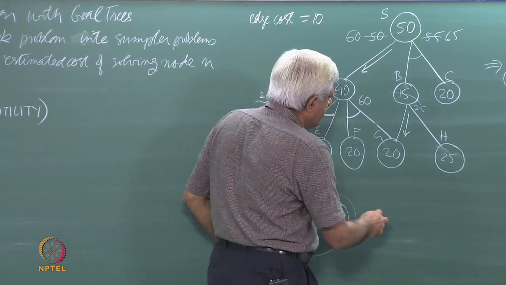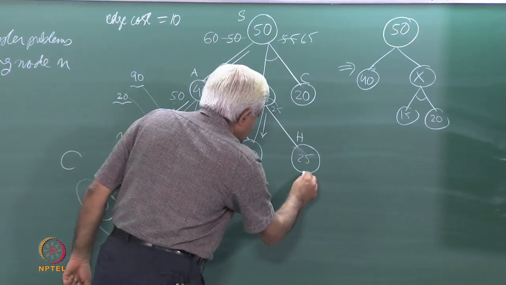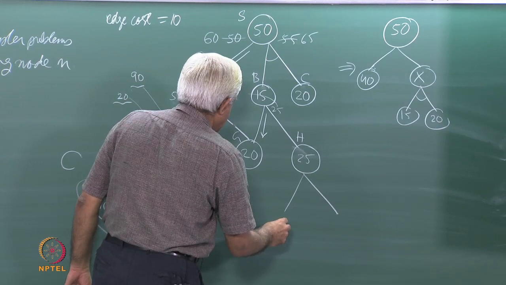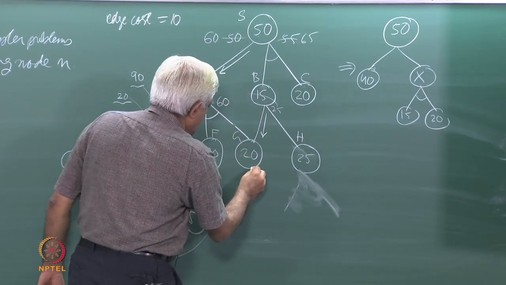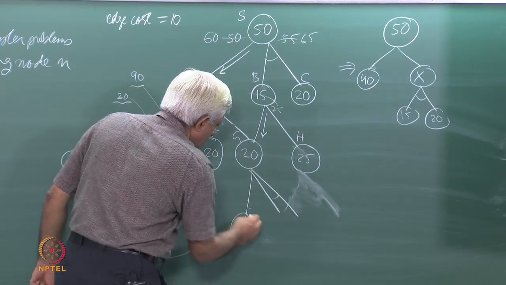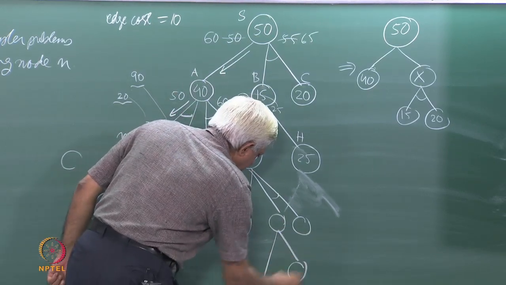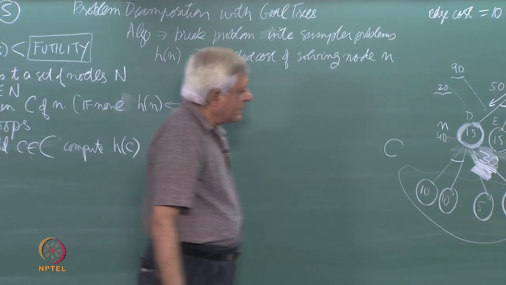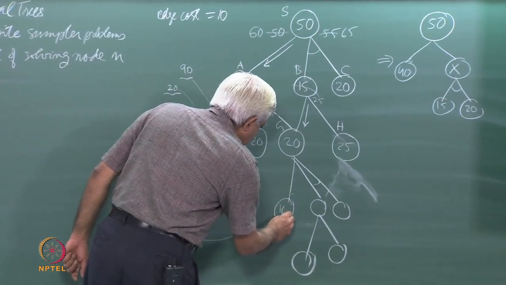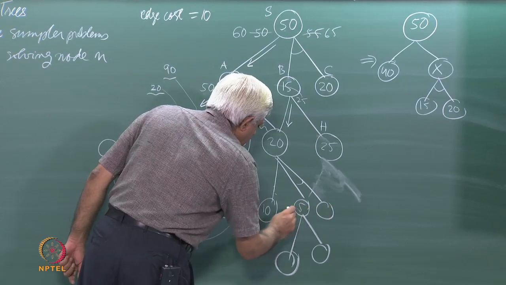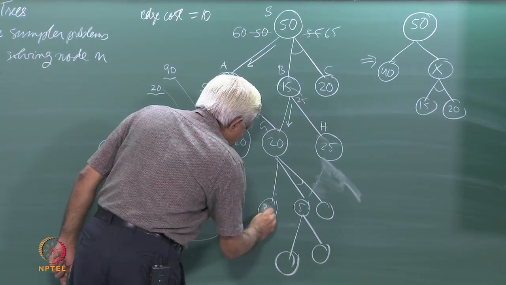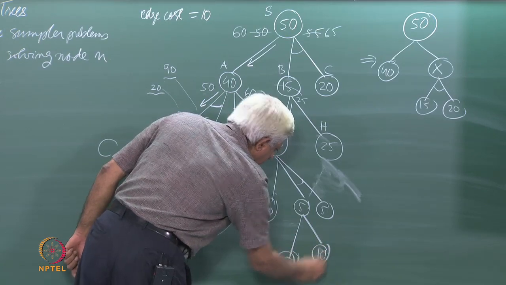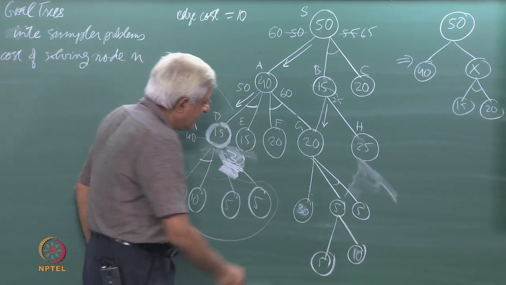So, let me take another situation. Let us say this is a node that I have solved, and let us say this is 10, 5, or let us say this is 30, 5, 5, and this is 5, and this is 10, and let us say this was my node n.